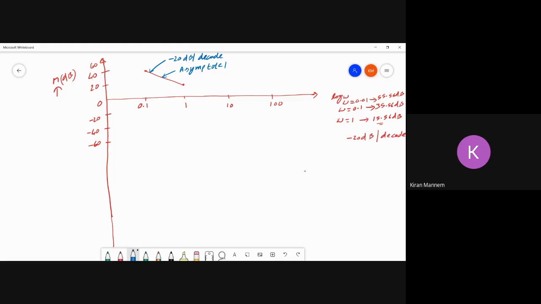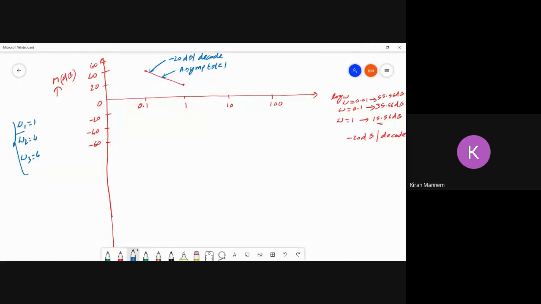So we should draw the line till the next corner frequency. Here the corner frequencies are omega 1 equal to 1, omega 2 equal to 4, and omega 3 equal to 6, right? These are the corner frequencies.